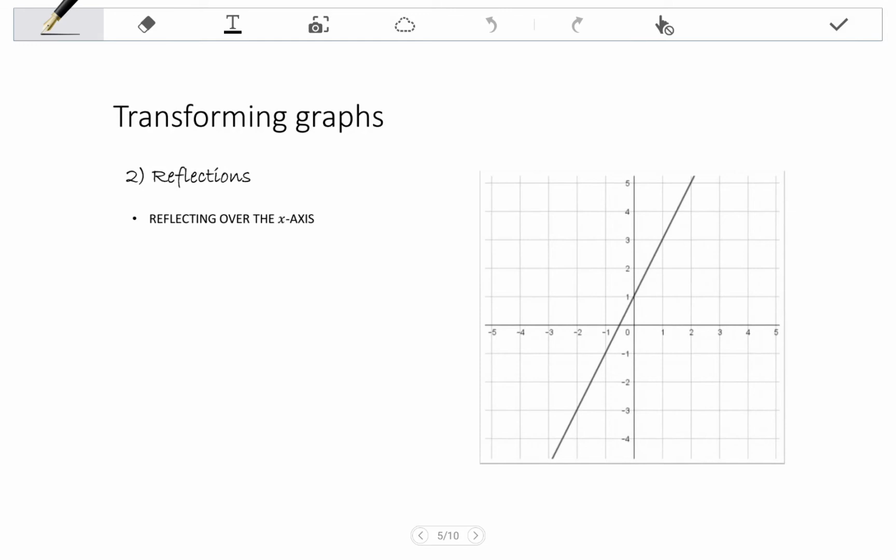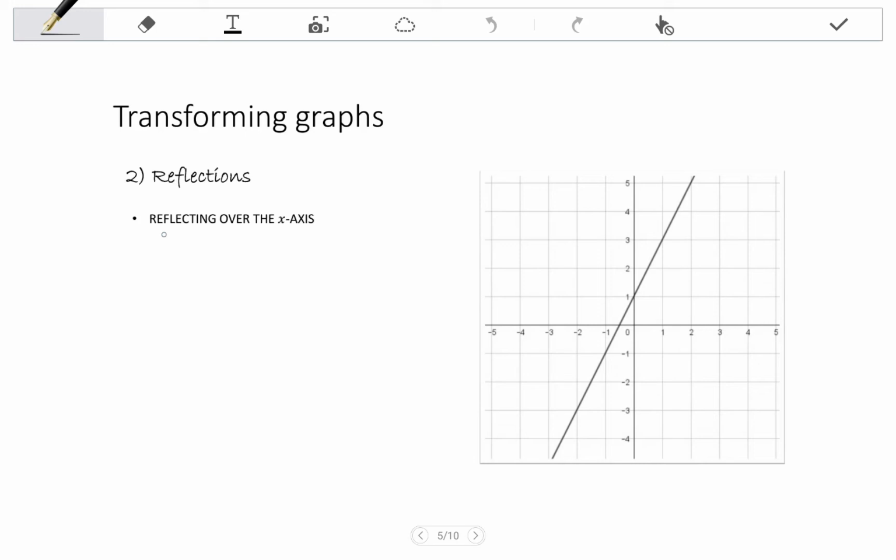Looking at reflections now, there are various reflections that you must be able to do, and understanding is the best way to succeed. If I reflect over a line, it means that if I were to fold along that line, I would have a mirror image on either side of that line.